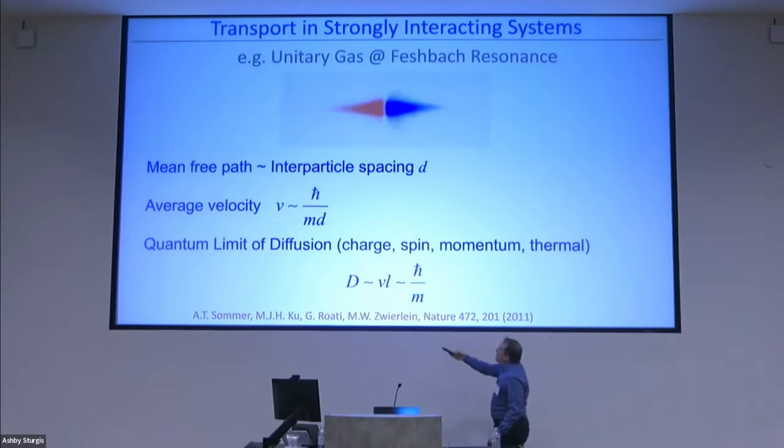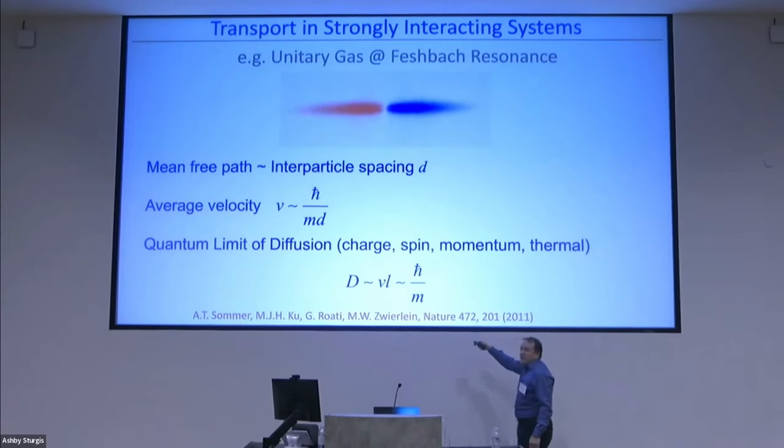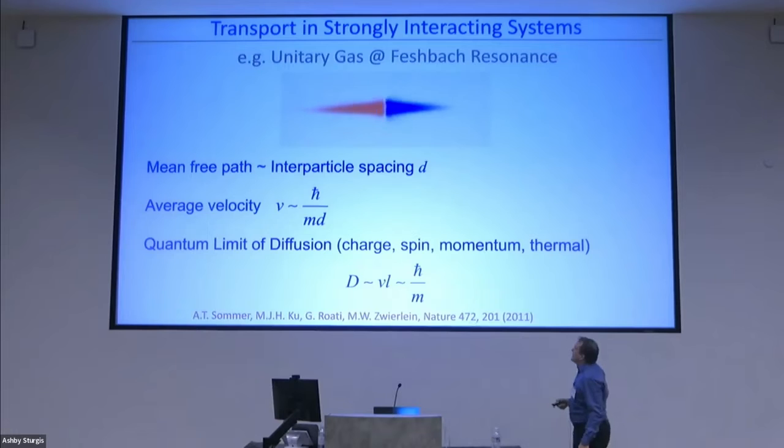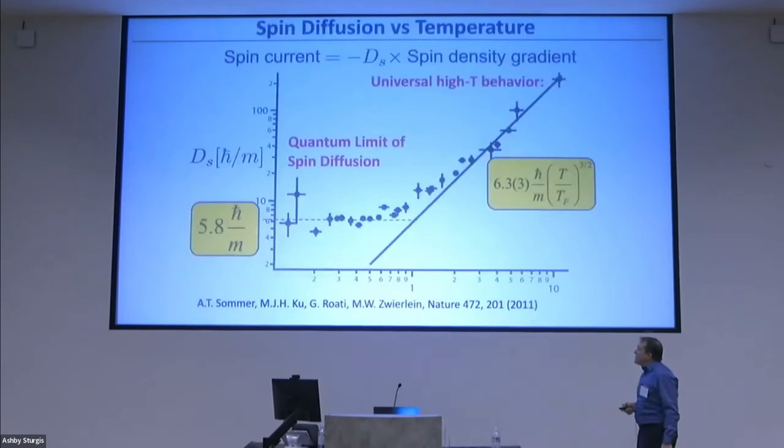The velocity is given by being degenerate, by h bar over m, and the distance between the particles, since you have to localize these wave packets. So velocity times mean free path gives you a diffusivity that looks like h bar over m, basically. That will be true for charge, spin, momentum, and thermal transport.